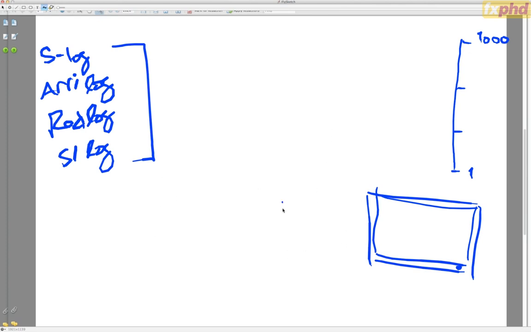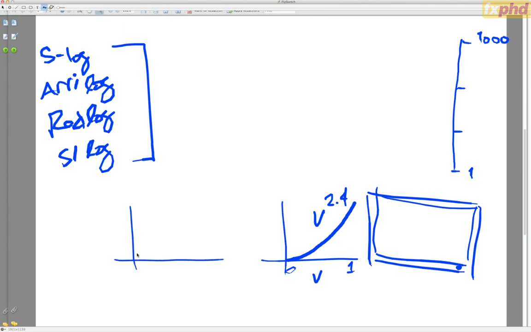So on the output end, as you know from previous classes, the response of the display is typically the video signal raised to a power. And so the front end of camera processing is generally some kind of inverse power.